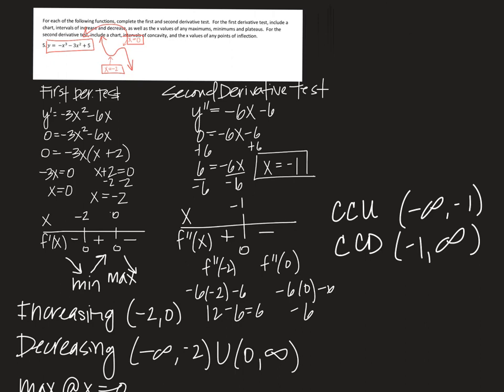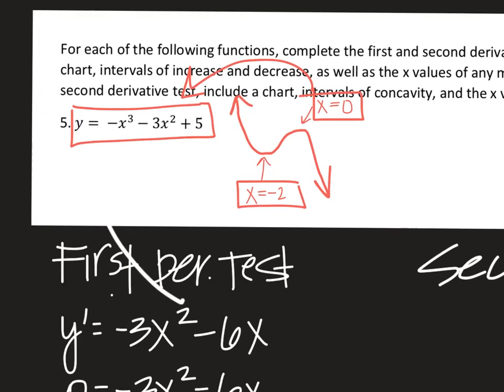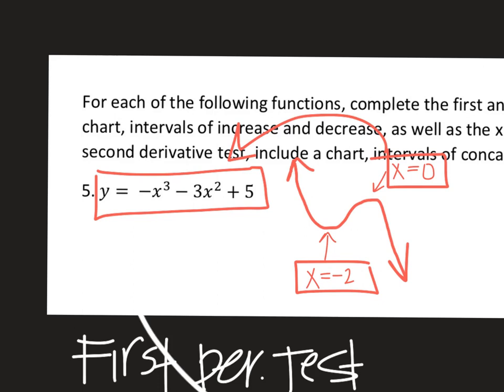Concave down means it's like a hill, like the water would roll off of its back. It's got a point of inflection at x equals -1. To find the y value, we would plug -1 back into this original function.